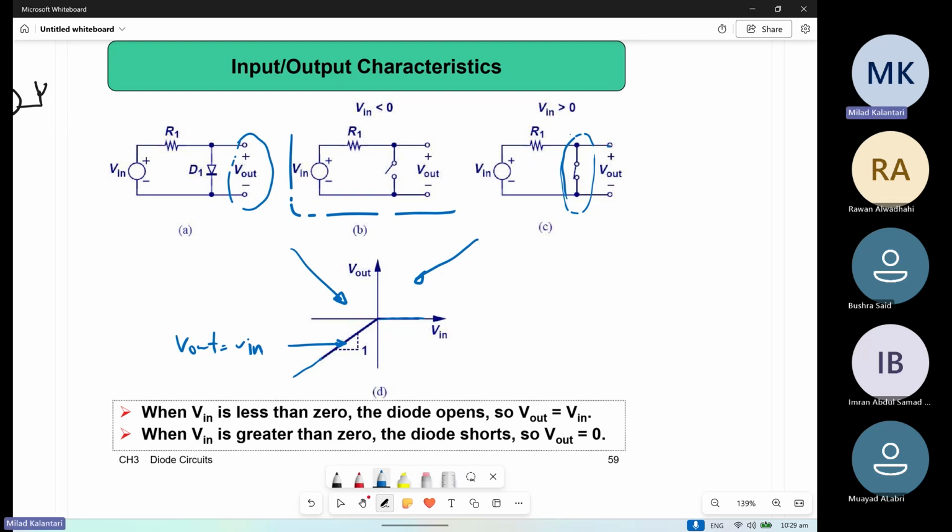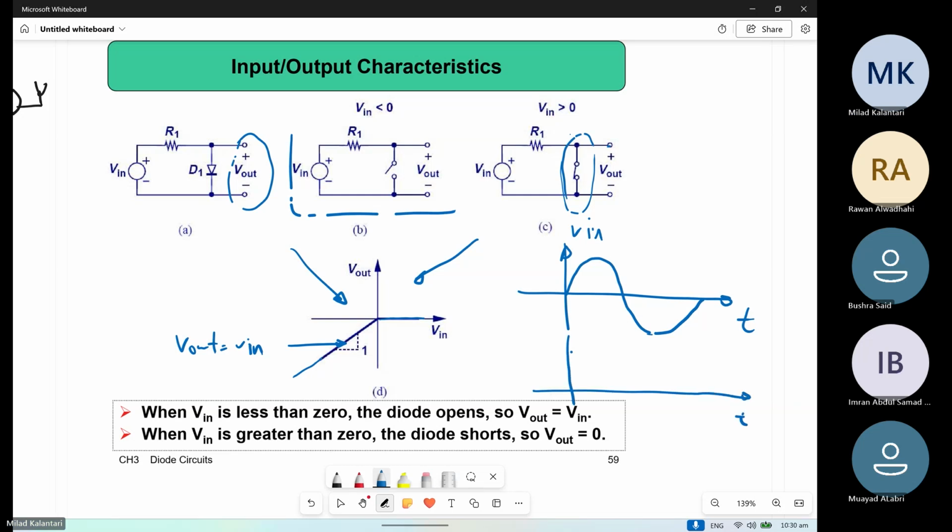What if we apply some sinusoidal input in time, right? Let's say V in is something like a sinusoid. What will happen to the output? Can you tell?